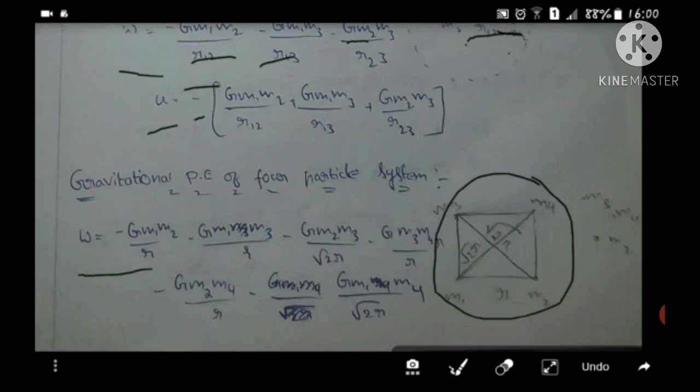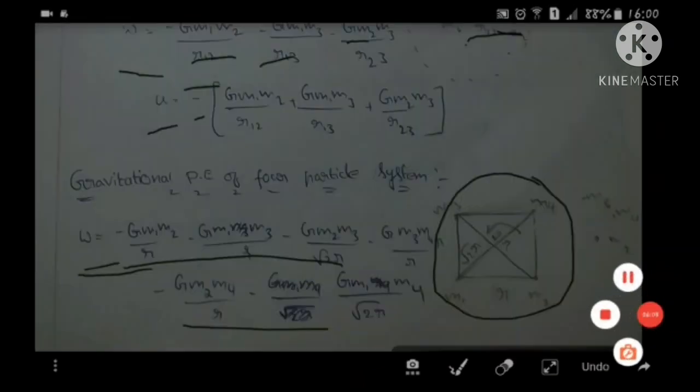Here these are placed at a distance R separately, and then W is equal to minus G m1 m2 by R minus G m2 m3 by root 2 R minus G m3 m4 by R minus G m2 m4 by R minus G m1 m4 by root 2 R. We can write it like this in case of a 4 particle system.